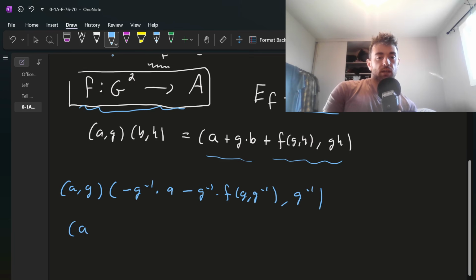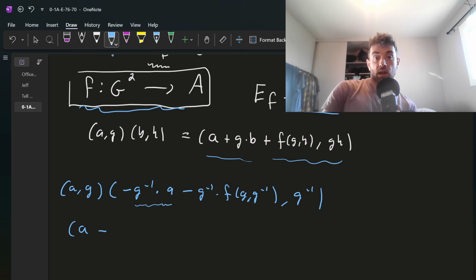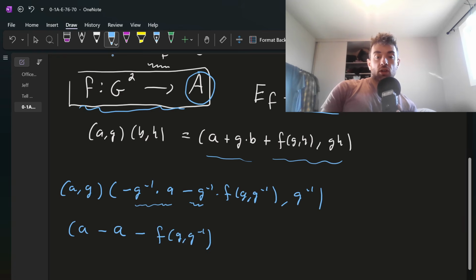So this will be A minus, we have G acting on G inverse dot A, but this is a group action by what we figured out last time, and in fact it's not only a group action, but it respects the abelian group structure here. So this just turns out to be minus A, and again we're hitting this up with a minus F of G inverse G. And then now we've acted on everything in the second component. We need to add the function, which is F at G inverse.